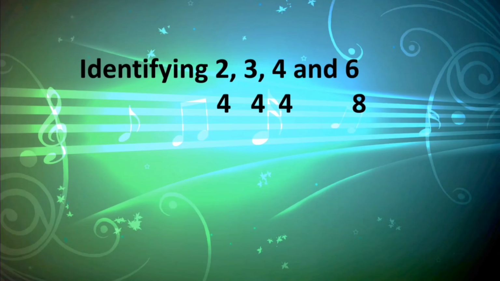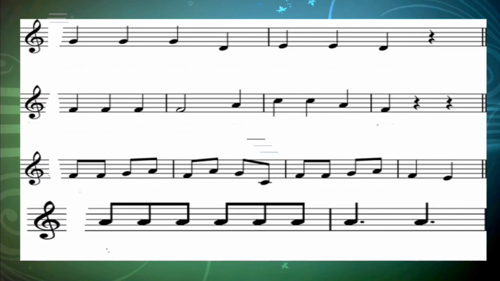We will have an exercise of identifying the 2/4, 3/4, 4/4, and 6/8 time signatures. All you have to do is identify the time signature of each example. In number 1, what is the time signature?